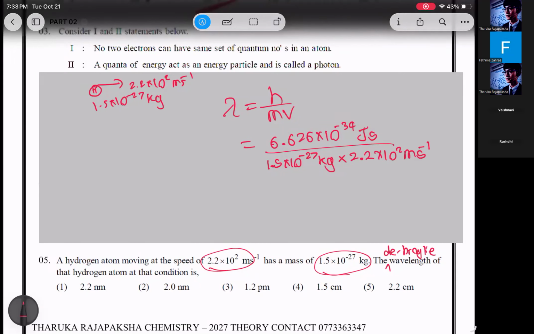Here we have joules. Joules is what? Energy. What is energy? Force multiplied by distance. You agree with that? Force multiplied by distance is what you call energy. Force is in newtons, distance is in meters.